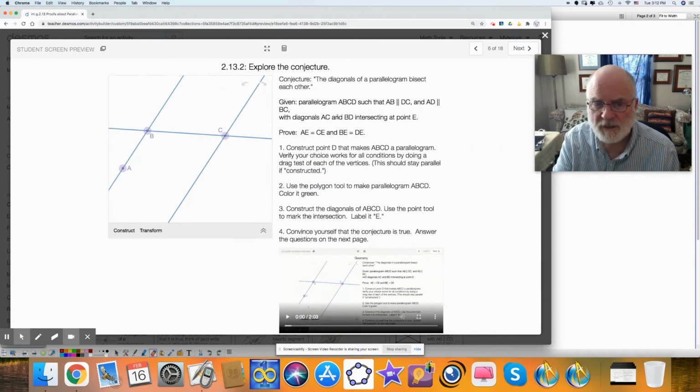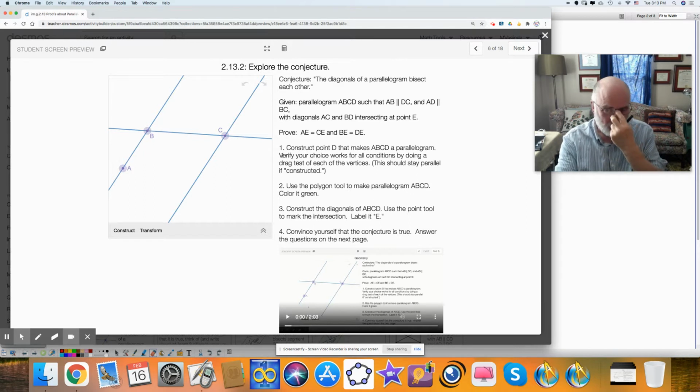On this next page, it says, here's the conjecture. Diagonals of a parallelogram bisect each other. Given parallelogram ABCD, such that AB is parallel to DC and AD is parallel to BC, with diagonals AC and BD intersecting at point E, prove that AE is equal to CE and BE is equal to DE.